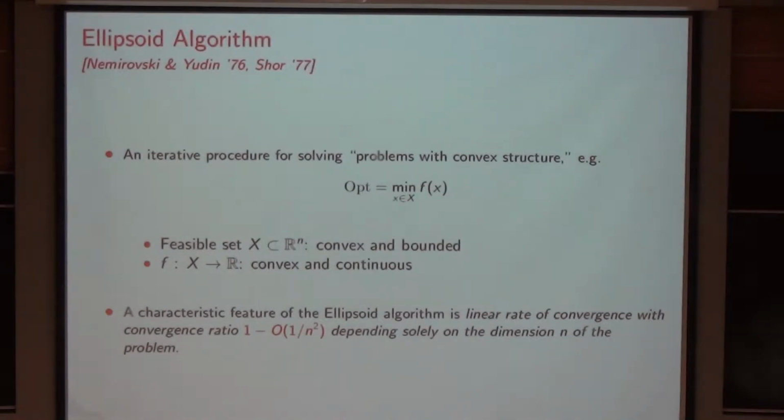So it means that each n squared iterations of the method, you add a new significant digit in the accuracy of your solution. So we speak about a linear rate of convergence.